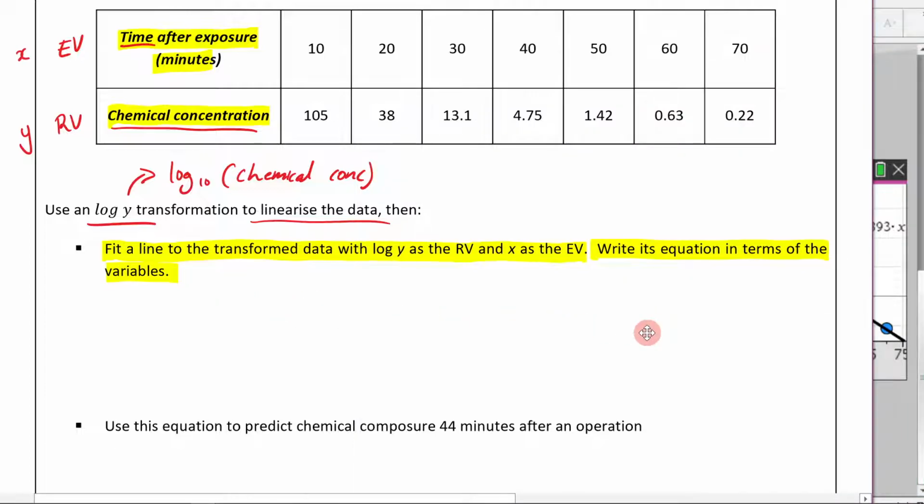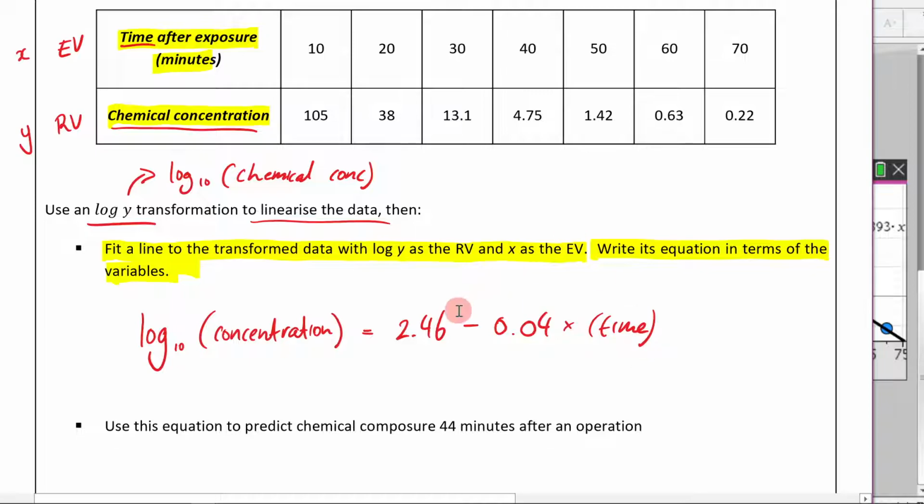We just have to be careful because it says write the equation in terms of the variables. So not in terms of x and y, but rather in terms of time after exposure and chemical concentration. So I'm going to write this as log 10 of the concentration is equal to 2.46 minus 0.04 times the time.